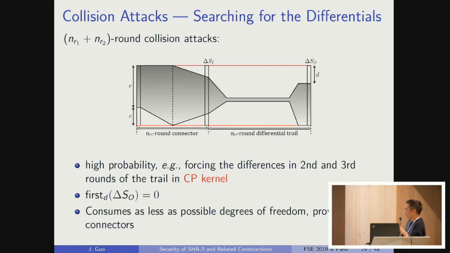And the second condition, as I mentioned, is that the first d bits of the output differences should be 0, so that this is a collision. A general guideline is that this should consume as little degree of freedom as possible, because this consumption is provided by the connector. If we consume less degree of freedom, we might be able to extend the connector for more rounds.